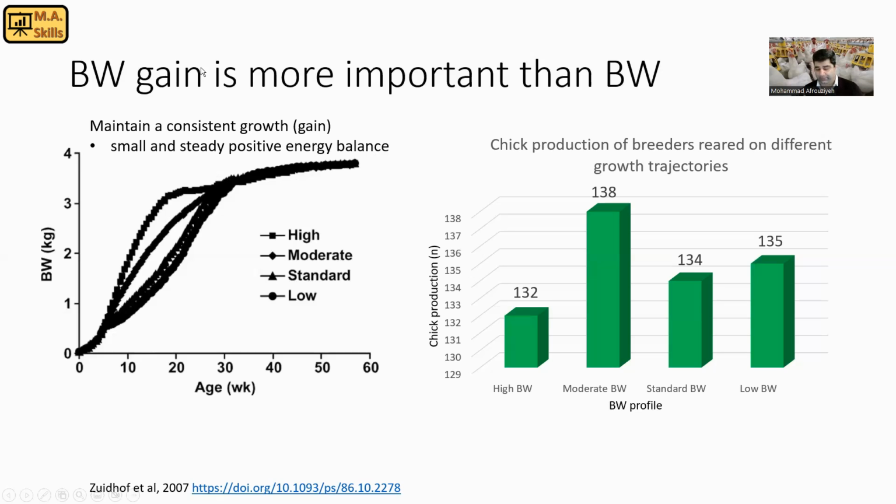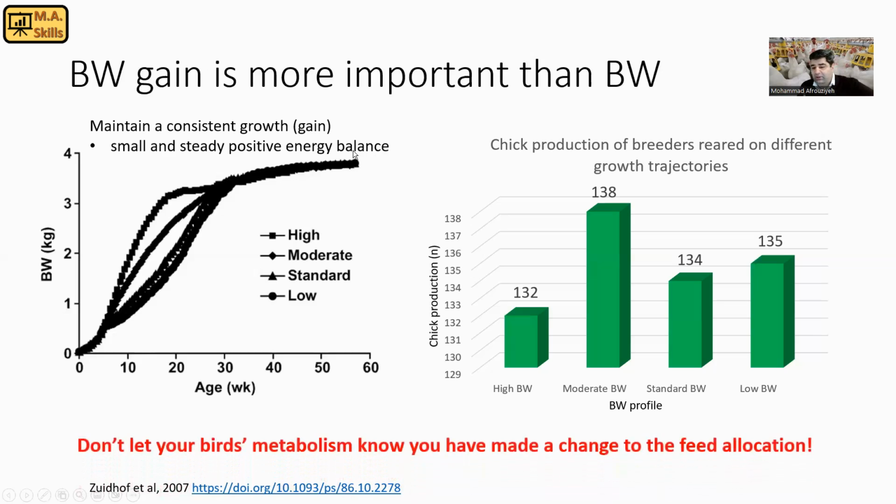This is the secret. This sentence is from one of the pioneers in broiler breeder management, Dr. Frank Robinson from the University of Alberta. He is the father of broiler breeder science. He said, don't let your bird's metabolism know you have made a change to the feed allocation.